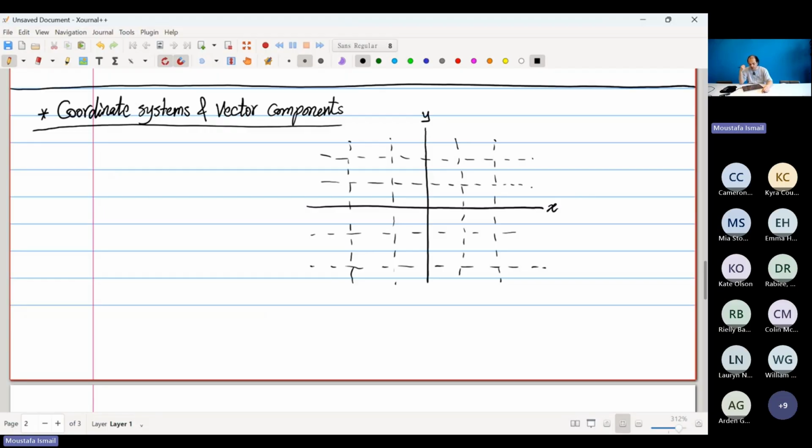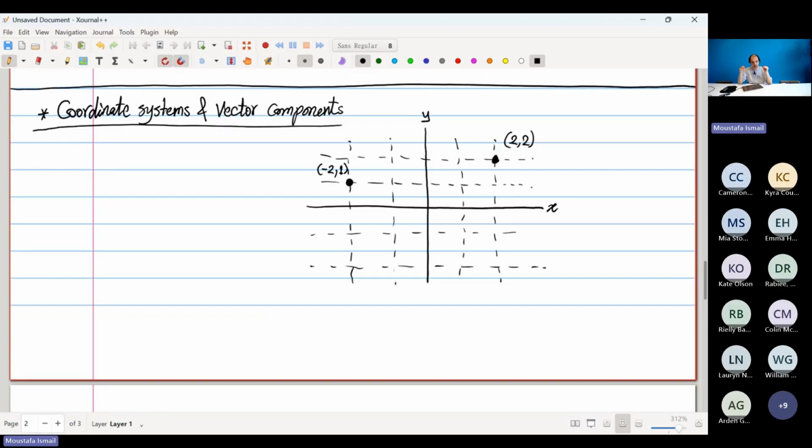You need where it is on the x-axis and where it is on the y-axis. For example, this point here, I can say it's 2, 2, because it has 2 units along the x-axis and 2 units along the y-axis. This point, on the other hand, only 1 unit along the y-axis, but negative 2 units on the x-axis, so negative 2 and 1, and so on. So you need two numbers.